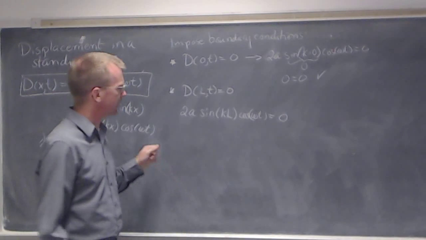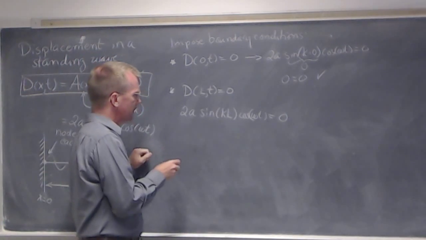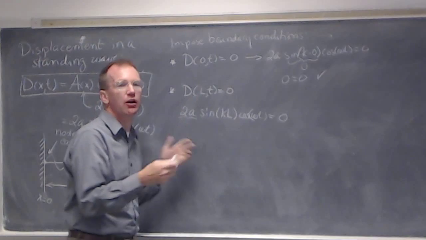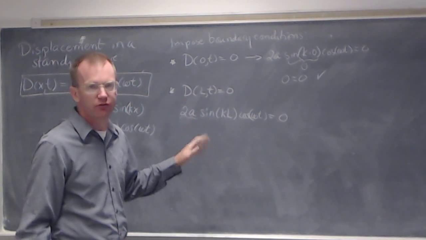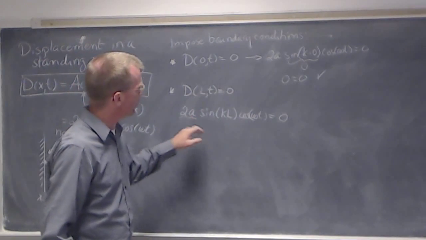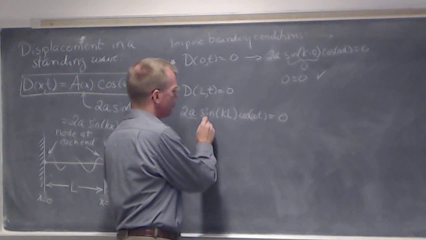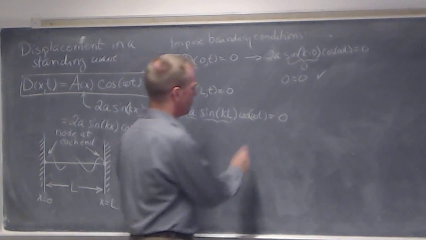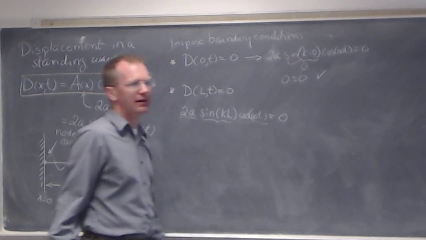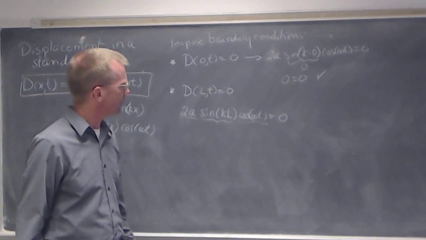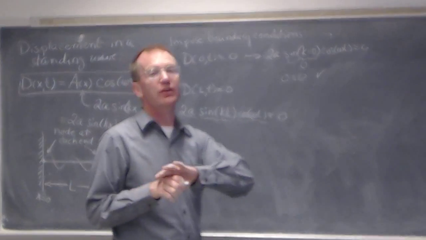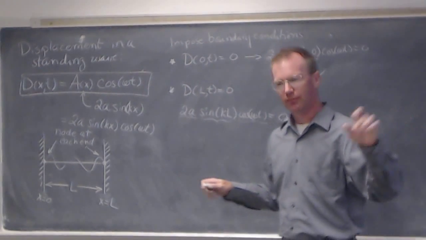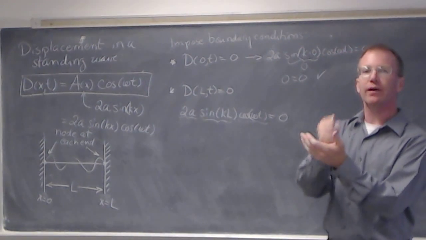I don't know everything here, but 2a, that's a constant. I can divide both sides by constants and no trouble. So that's all right. I know that either sine of kL equals 0 or the cosine of omega t equals 0. Now, it must equal 0 at all times because the node is always a node.